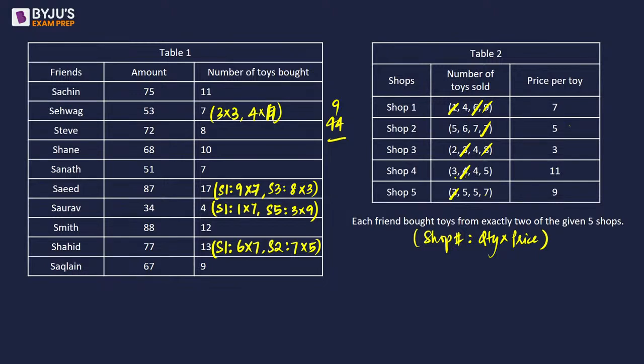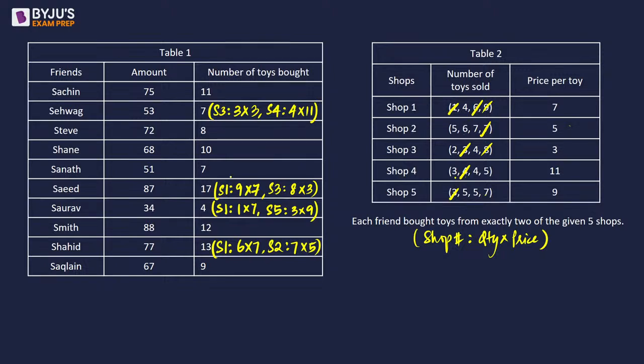So 3 and 4 will result in total 7 items, and the amount will become 53. So for Sehwag, it is shop number 3, wherein he buys 3 items of 3 rupees each, and from shop number 4, he buys 4 items of 11 rupees worth.